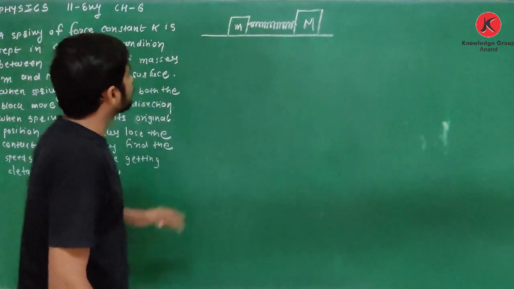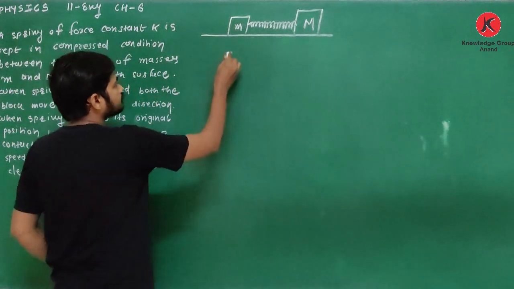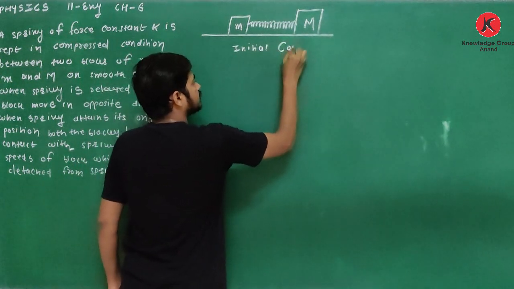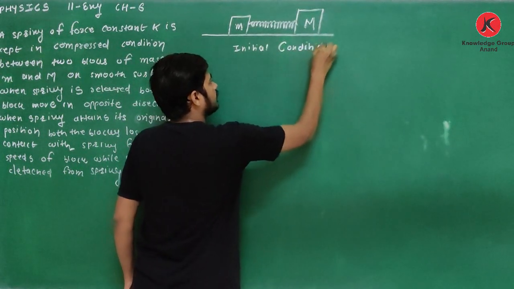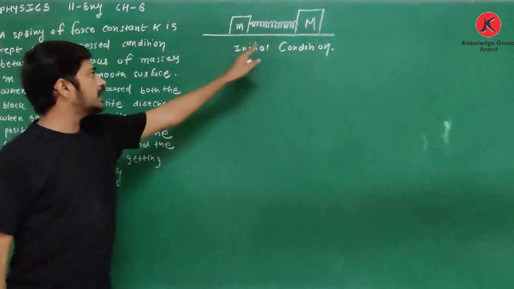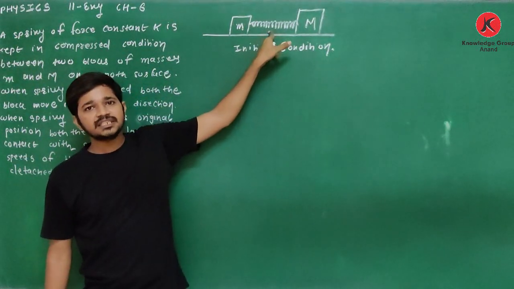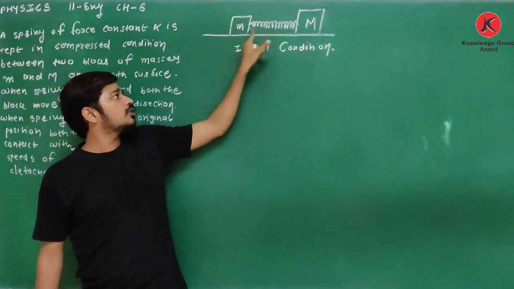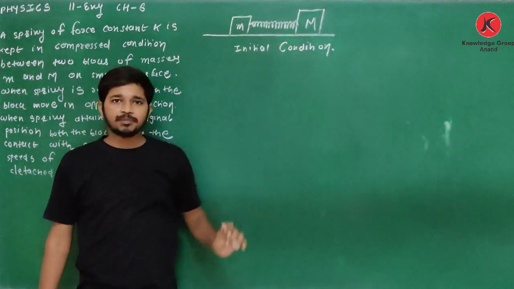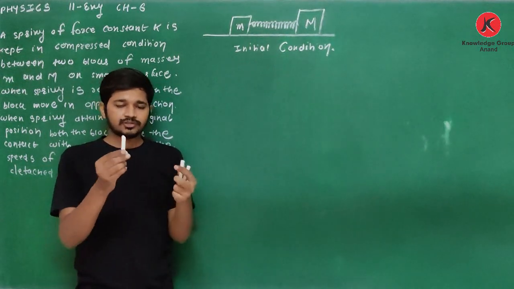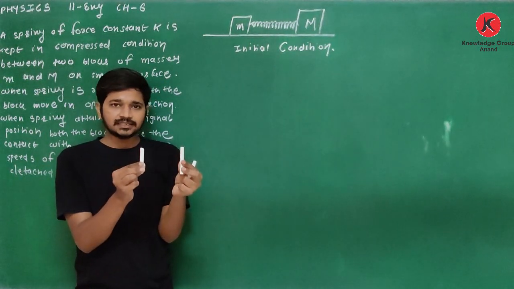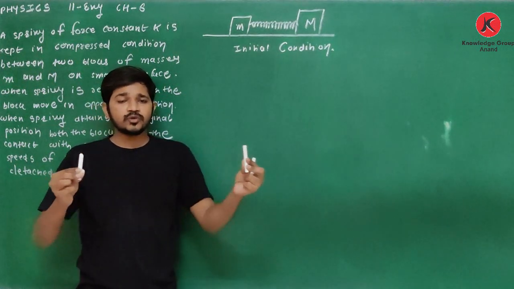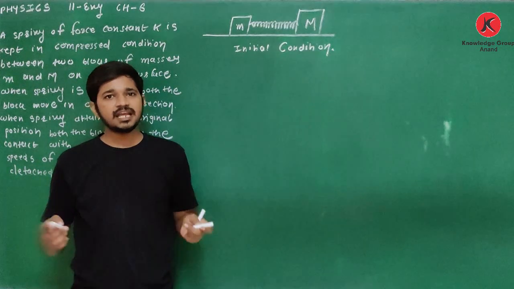See what the question is. It is the initial condition. A spring having force constant K is compressed between two blocks having masses small m and capital M, like this. If the spring is released, obviously these two blocks will move in opposite directions.